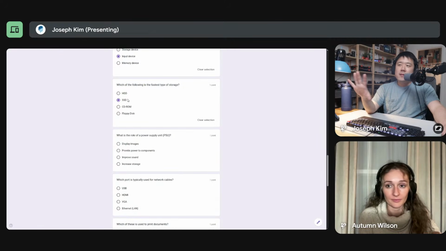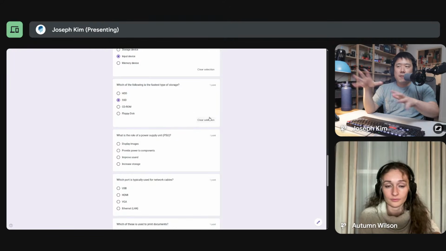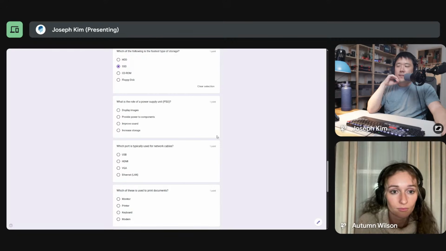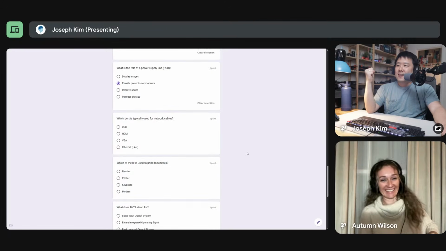Obviously, within that, there are slower and faster ones, but solid state by far is much faster than the other three. What is the role of the power supply unit? Provide power to components. Yes, more power.